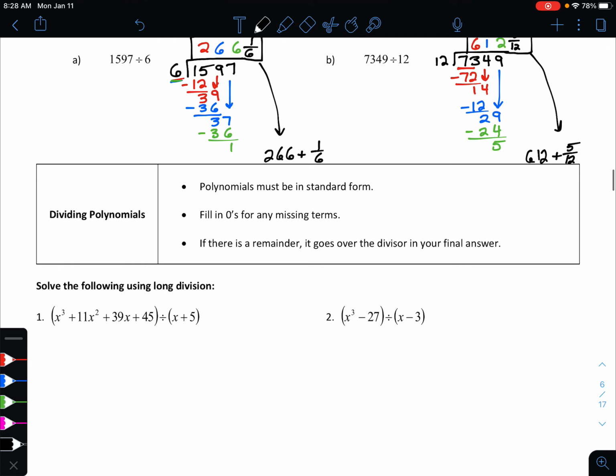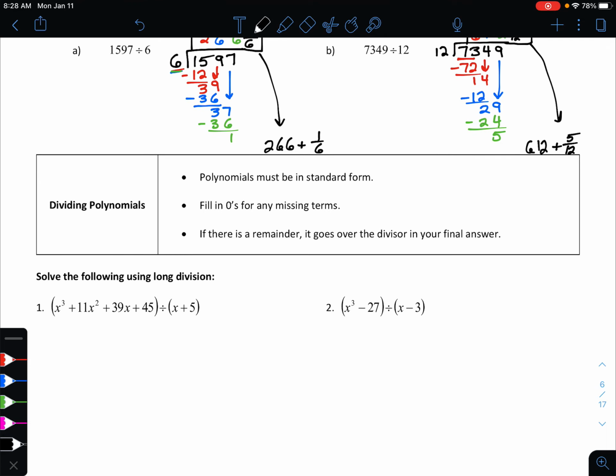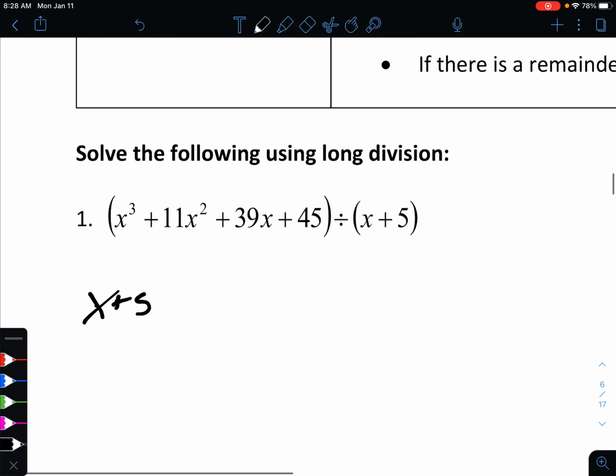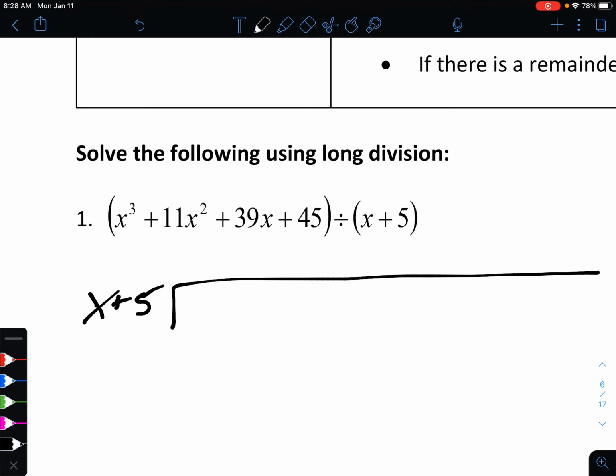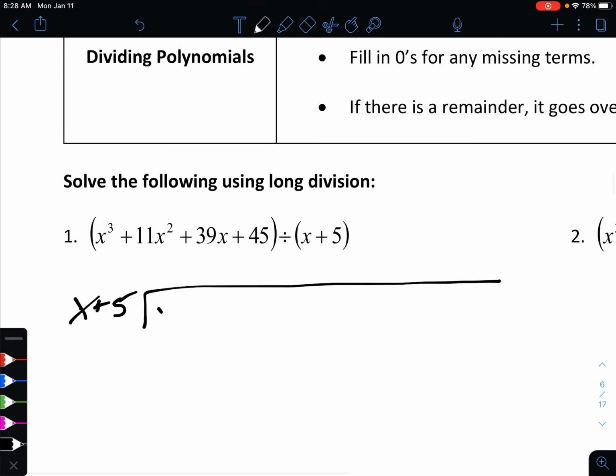Taking a look at example 1, we're going to set this up the exact same way that we did our warm-up. What we're dividing by, which is x plus 5, is going to go outside the division bar. And then underneath the division bar, we're going to put what we are dividing: the x cubed plus 11x squared plus 39x plus 45.